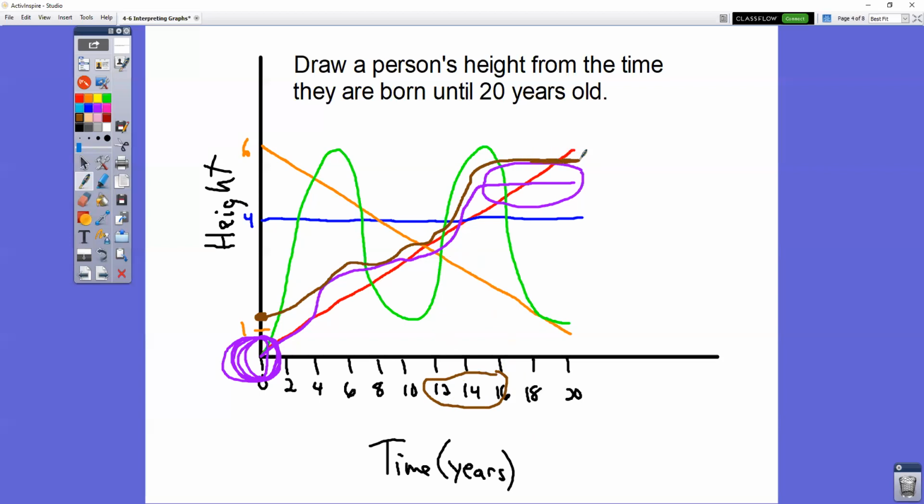It sort of goes straight at the end. Once they turn about 16, 17, 18 years old, most people stop growing. So this brown line would be the best answer.